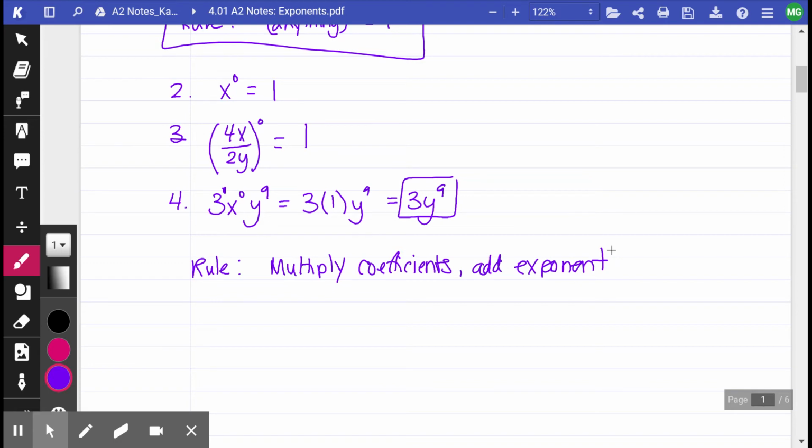So that's for multiplication. For division, you would subtract your exponents and divide your coefficients. And that's going to apply if you just have any type of multiplication, even if you're foiling. If you multiply, you're going to add. If you're dividing, then you divide your coefficients and subtract your exponents.